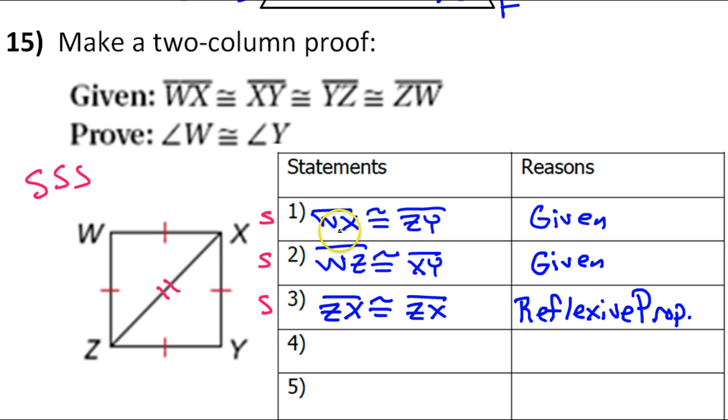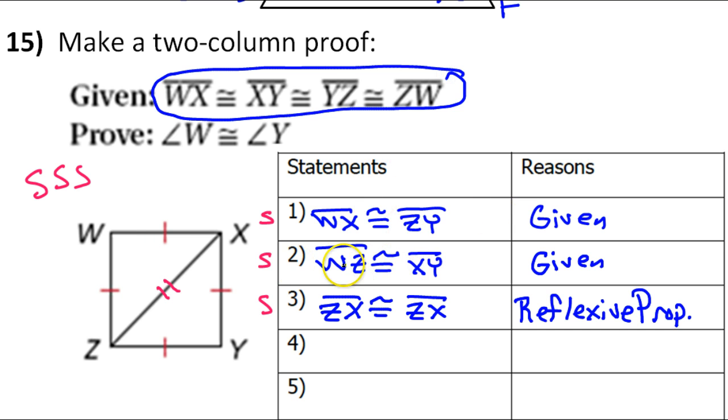Alright, so obviously you didn't have to say it exactly like I did with the WX and the ZY. You could have said WX and XY, for example, but basically I'm getting the given out of the way with these 4 markings. Now, I've shown a side, and a side, and a side to be congruent for both triangles.